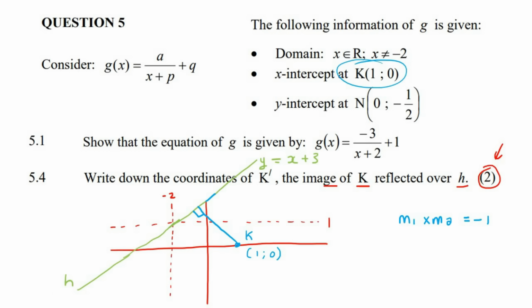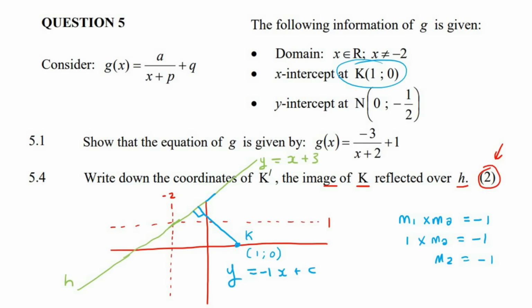So if I take the gradient of the first line, which is 1, and multiply it by the gradient of this other line, which I don't know, then if you had to work it out, you'd see that the gradient of this line is -1. So we can say y equals -1x plus c.